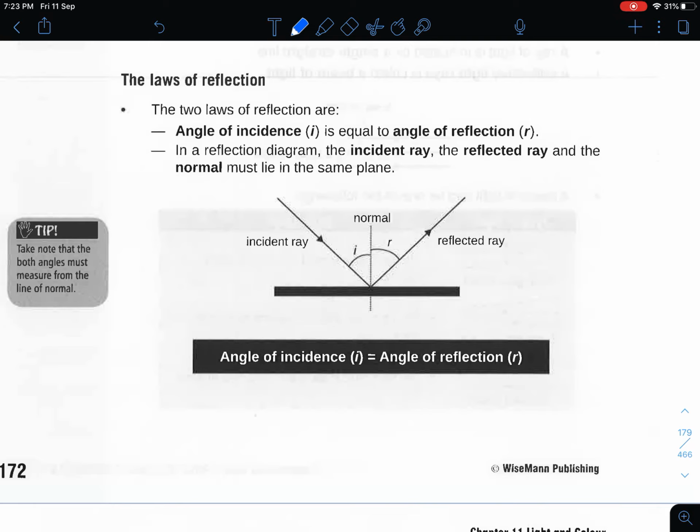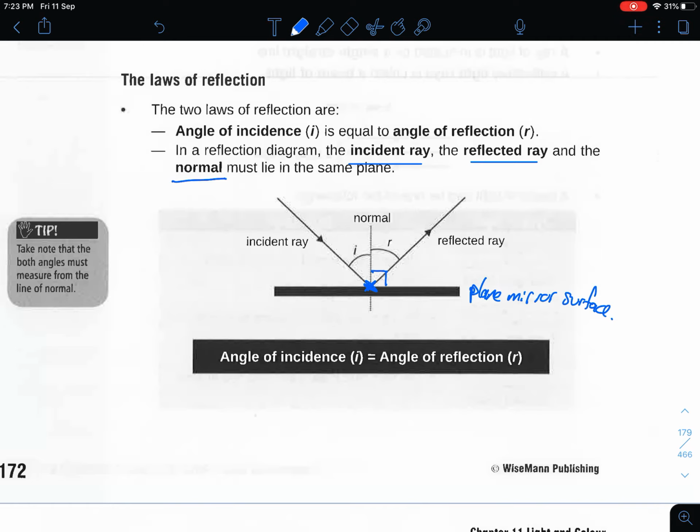What this means is that the incident ray, the reflected ray, as well as the normal must all be touching this plane mirror surface. Okay, so you can see over here, the normal is generally known as the imaginary line that is perpendicular to the plane mirror surface. So this will be our guiding line.